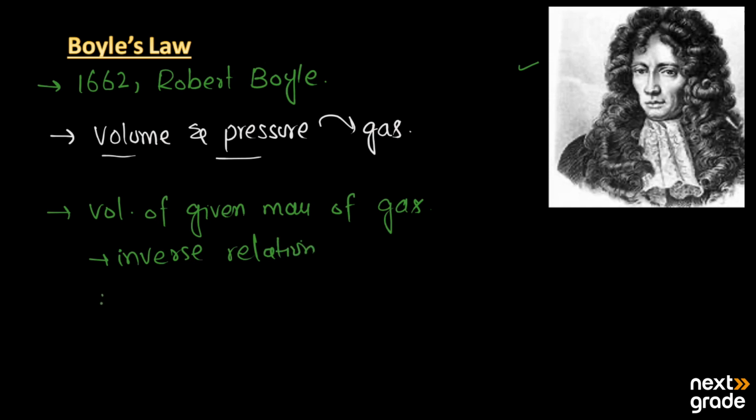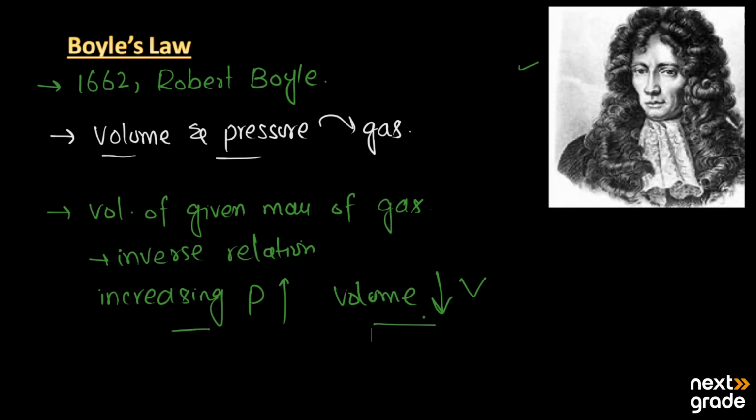When we increase the pressure, the volume of the gas decreases. So this is the main relationship proposed by Boyle: pressure and volume have an inverse relation. When we increase the pressure, the volume decreases, and on the other hand, if we decrease the pressure, the volume of the gas increases.